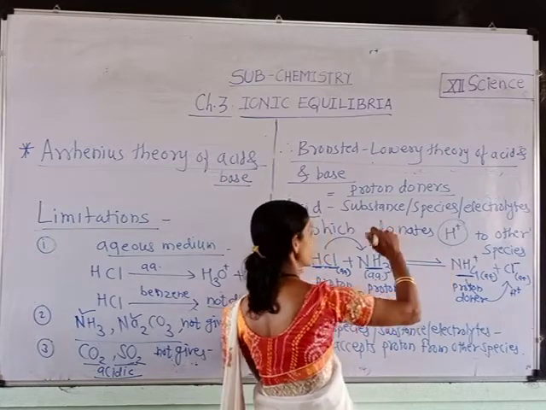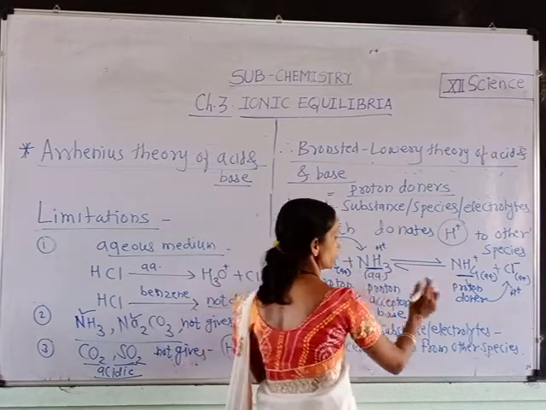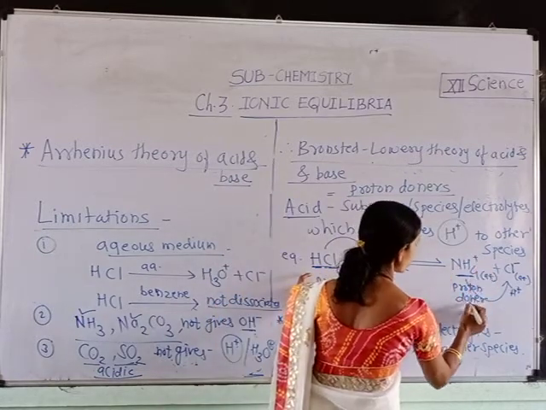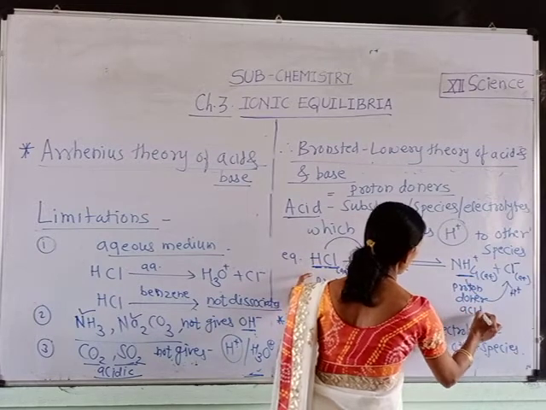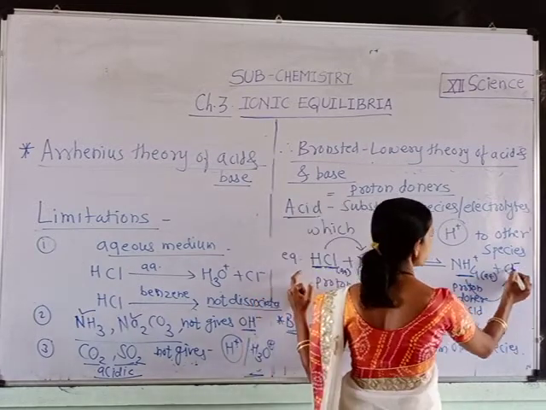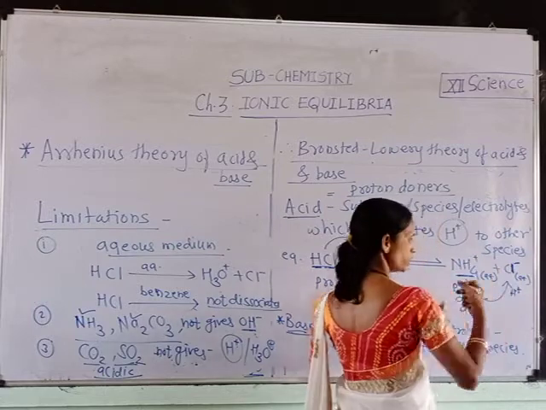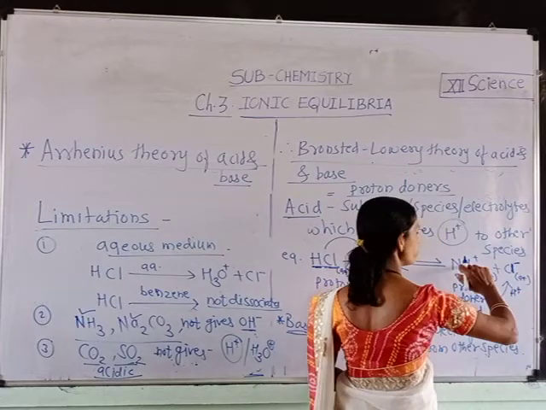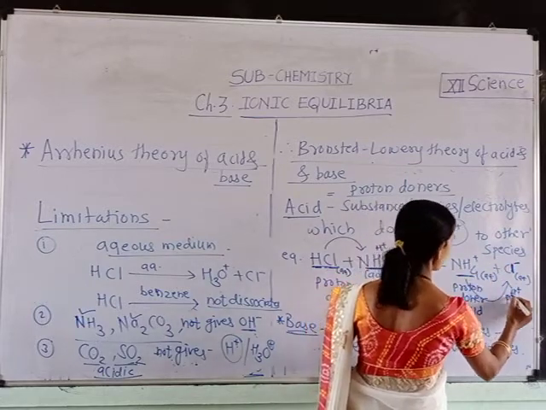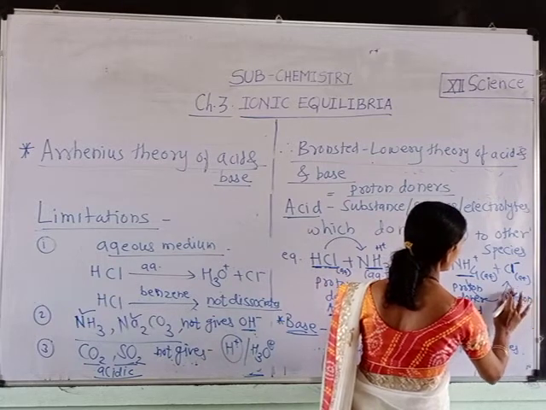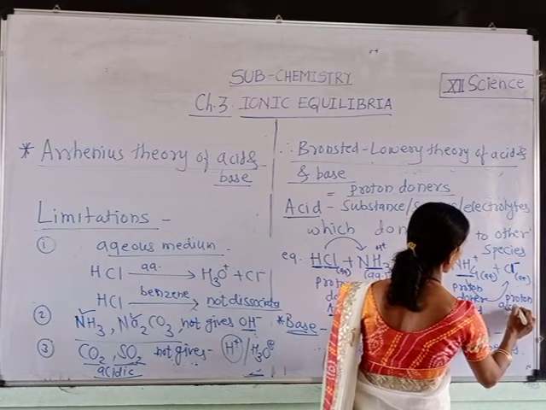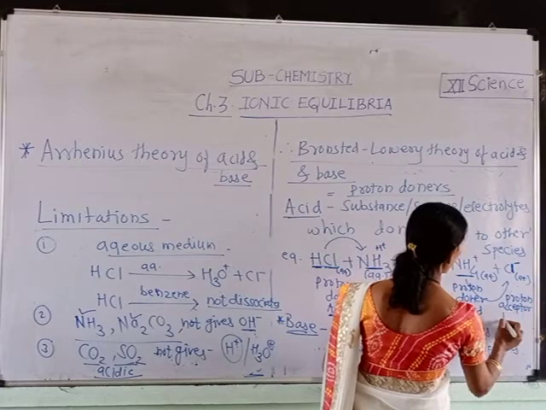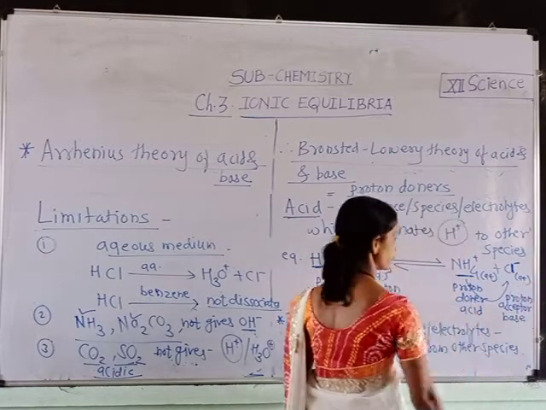Therefore, NH4 plus is a proton donor, therefore it is an acid. Whereas Cl minus ion accepts proton from NH4 plus, therefore it is a proton acceptor. Therefore it is a base.